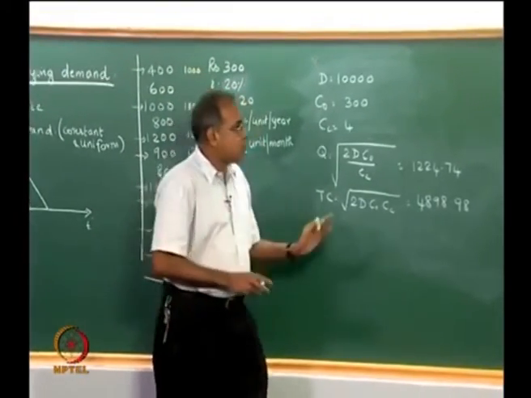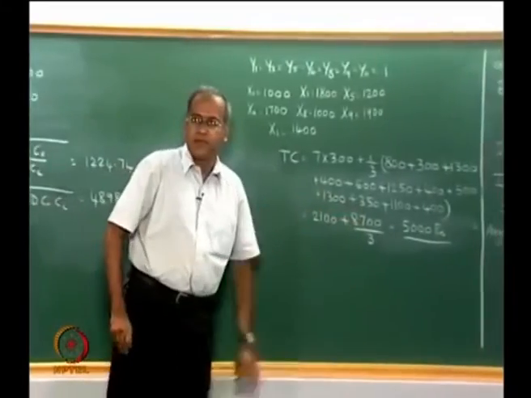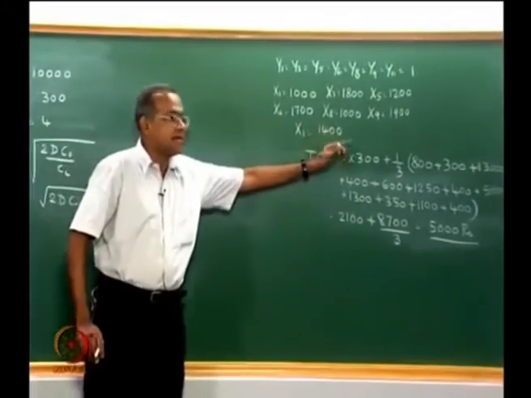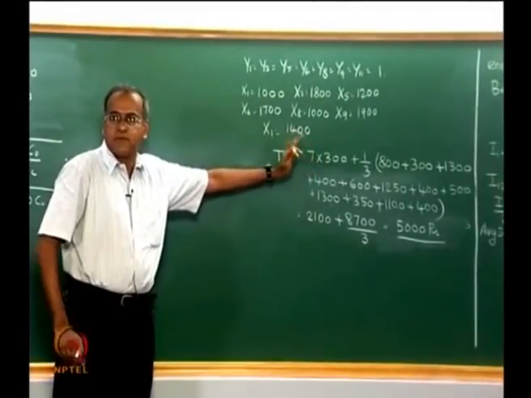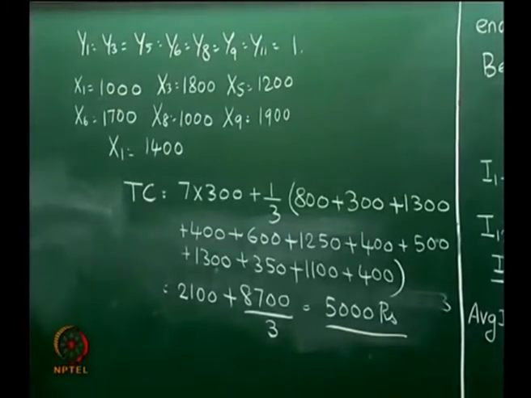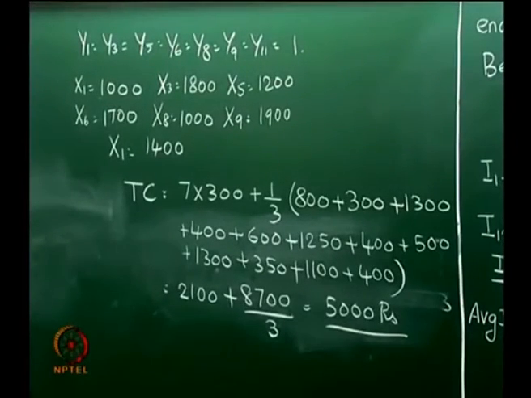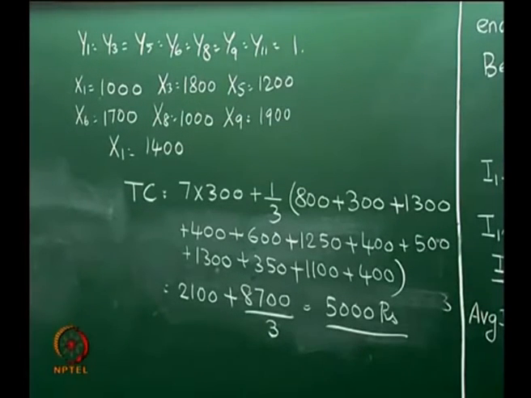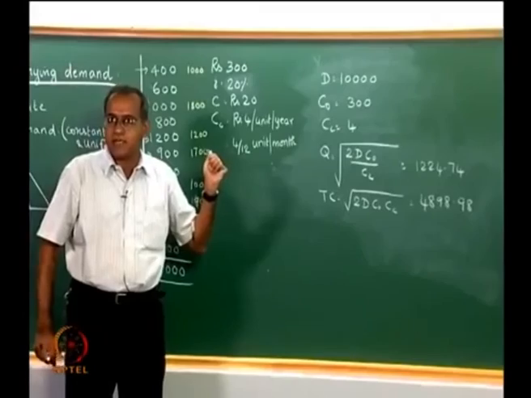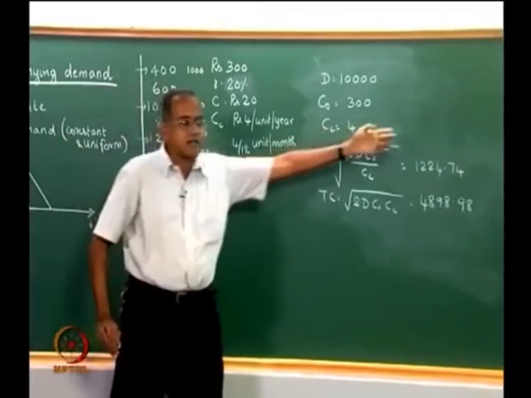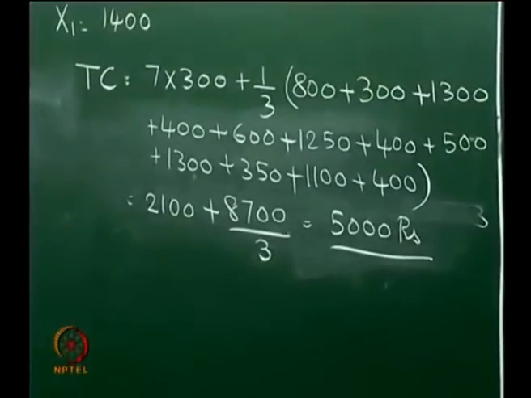It is very clear as to why this was marginally higher. That is because this problem is further constrained, by many reasons. This has a finite period, that has an infinite period; this has demand that varies with time, there you have demand that does not vary with time. So in principle this is a further constrained problem, so it gives us 5000.